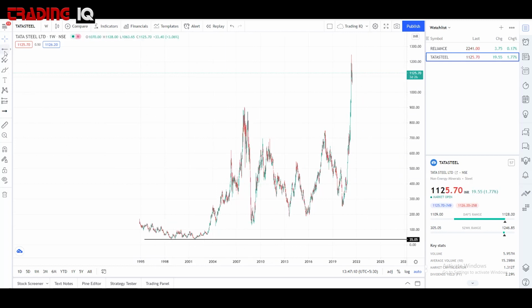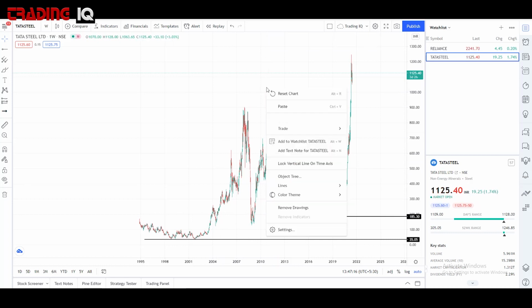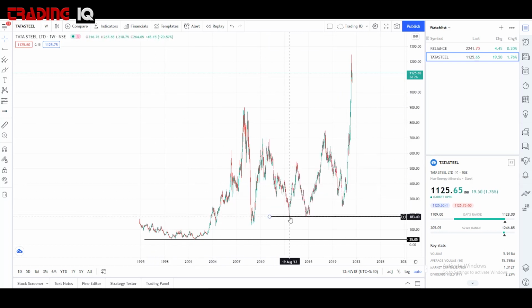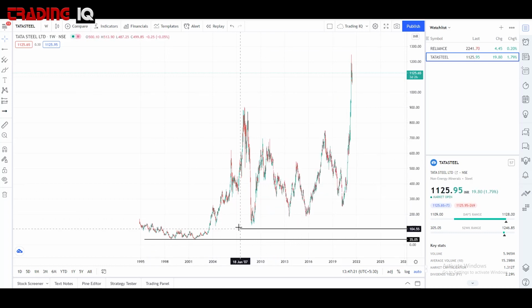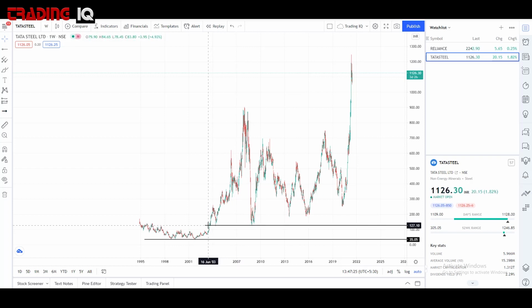Okay. Let's focus on the support zones first. The next support zone it created here, because it took support here, here. You would also say it created a support here. But we would need at least 2 to 3 touch points when we are drawing a level, in this case support.